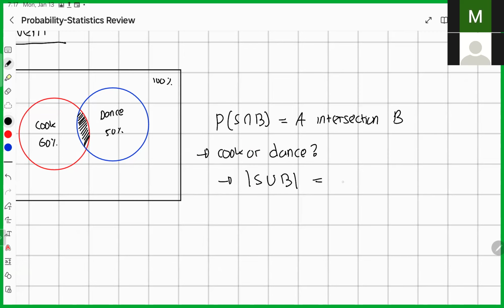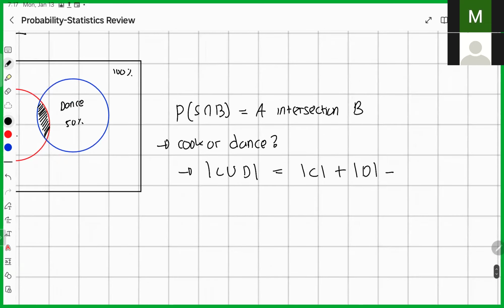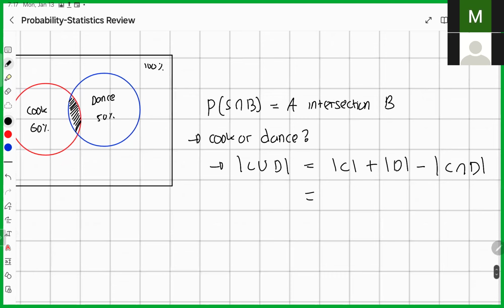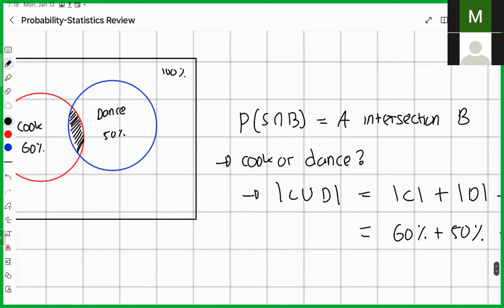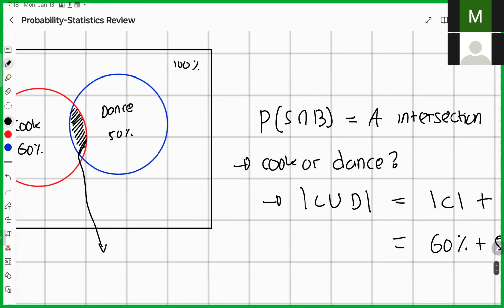And then the way you calculate this, sorry, this is C, this is D: C plus D here, and then minus C intersecting D. So one way to do it is by summing here, and then the most important thing is you've got to know the information in this overlapping area.